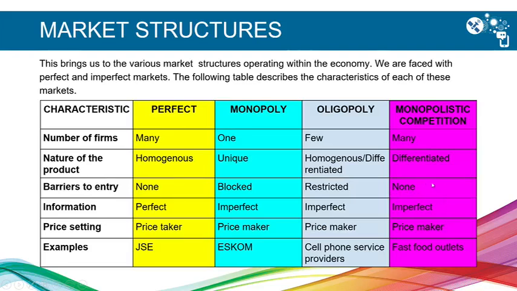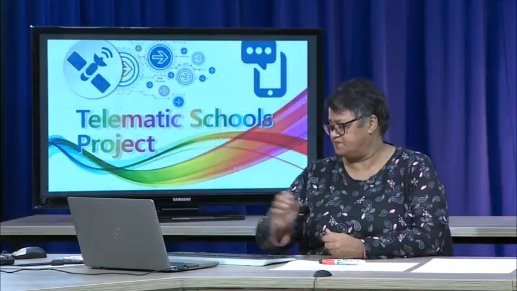Right? The information being imperfect, meaning not everybody has full information about the market conditions, and then they are price makers, meaning they determine their price. They decide what their price will be. And as I said, the example that I use is your fast food outlets.